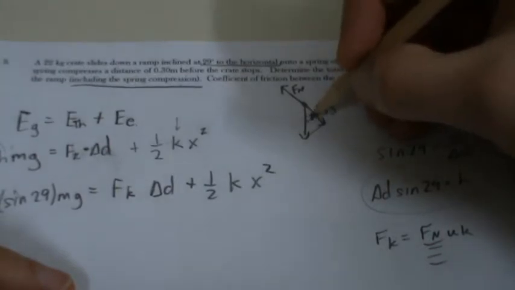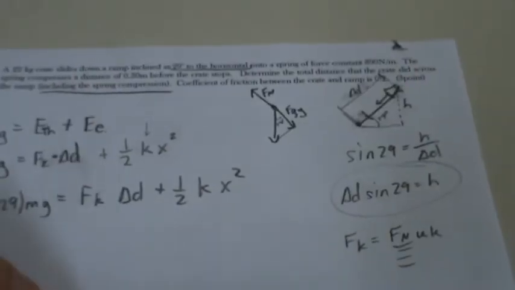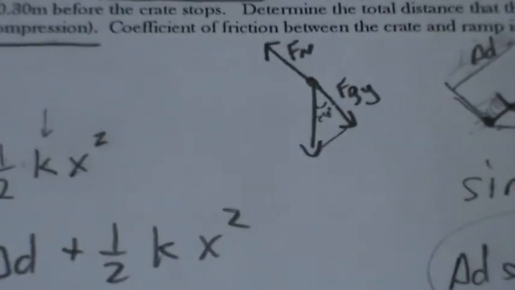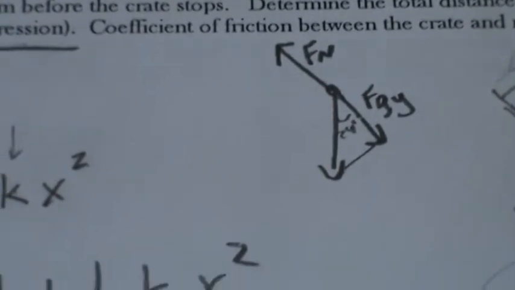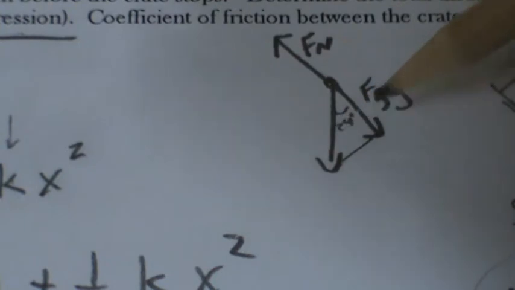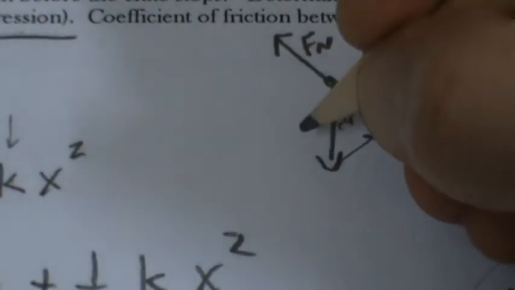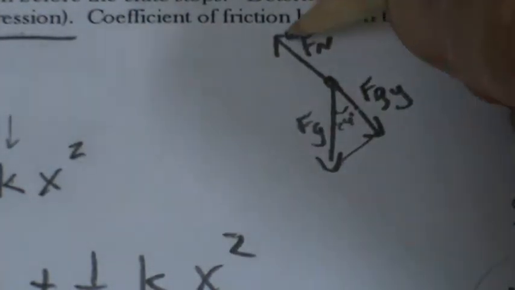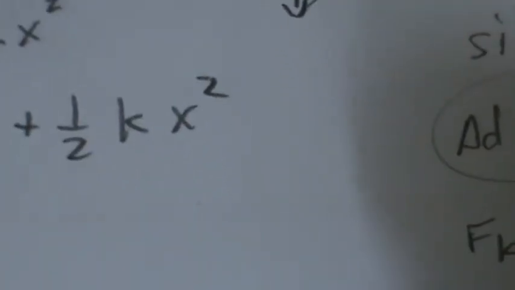Since this angle is 29, the normal force is equal to the force of gravity times the cosine of 29.